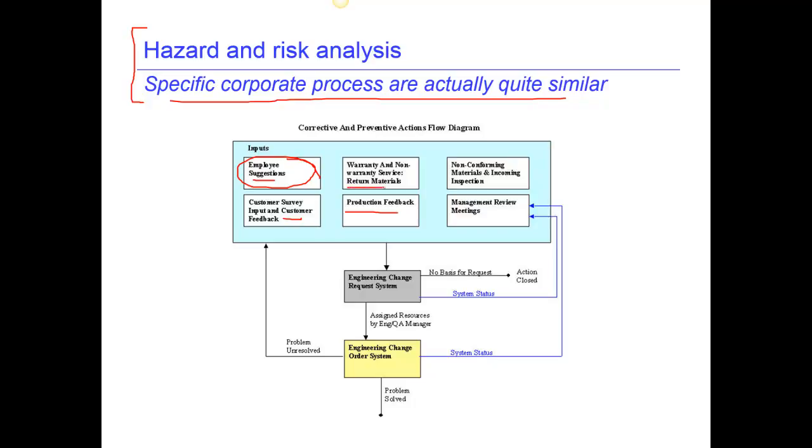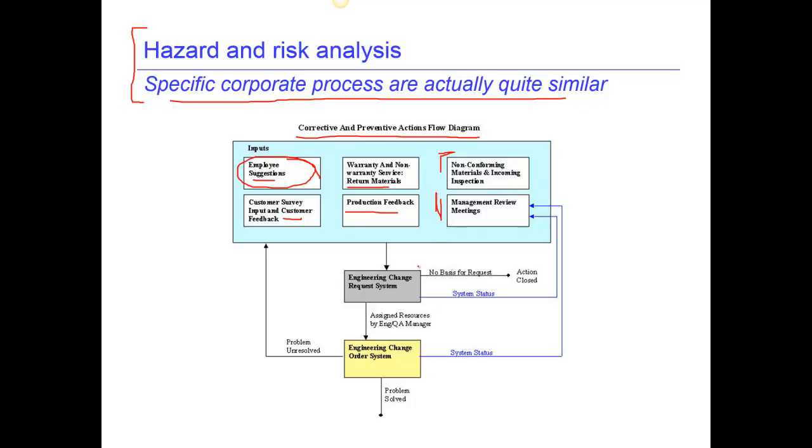There could also be issues associated with warranty, rework, and return. The warranty department makes some observations, and that goes to the quality council, which then has to decide whether to initiate a new CAPA. We could also have non-conforming materials among incoming raw materials. And of course, issues may come up as a result of management review meetings.